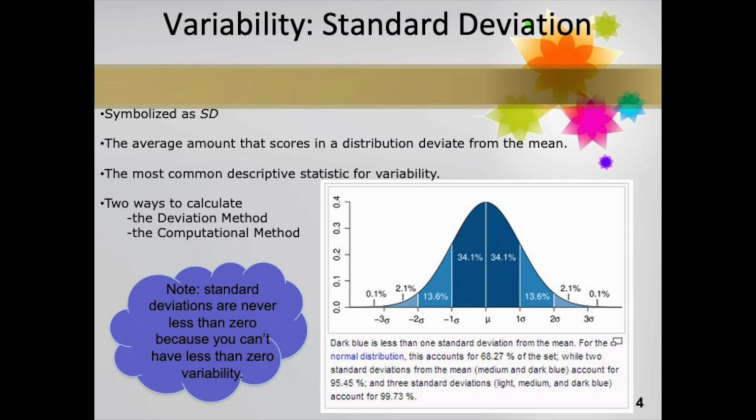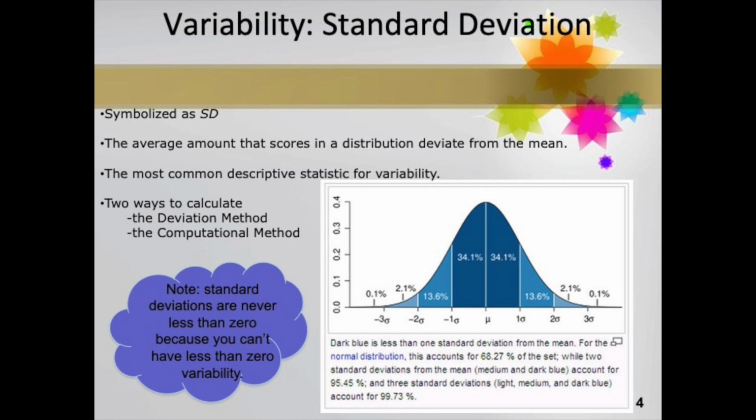Whereas the next measure of variability that we're going to discuss, standard deviation, is the most useful measure of variability. So make sure you are aware of that for the quiz as well. Standard deviation is the most useful and most used measure of variability, analogous to the way the mean is the most used measure of central tendency. So make sure you're aware of that.